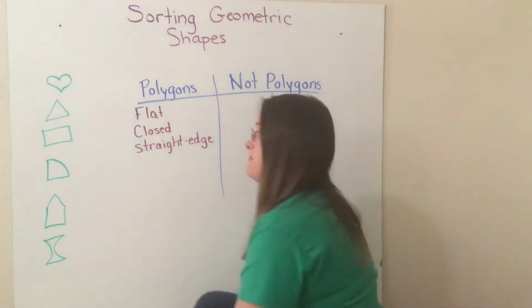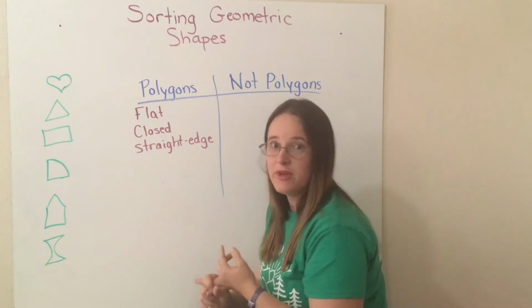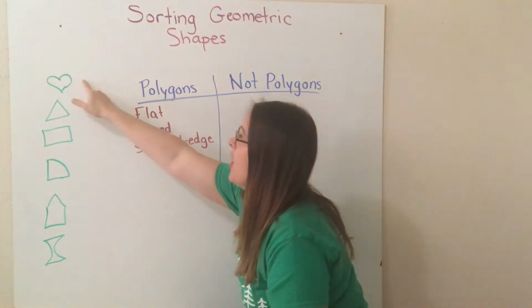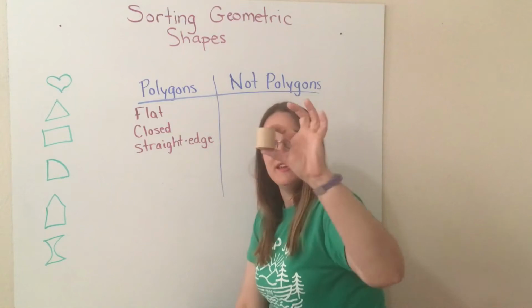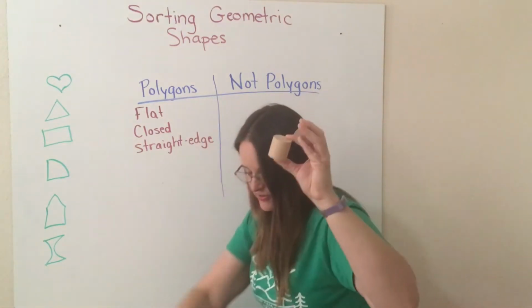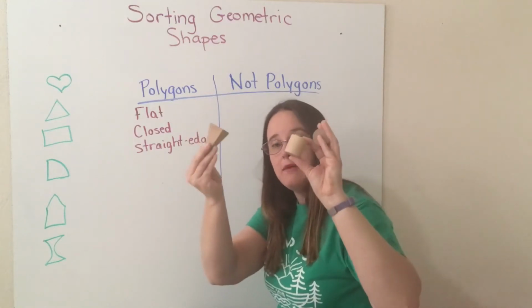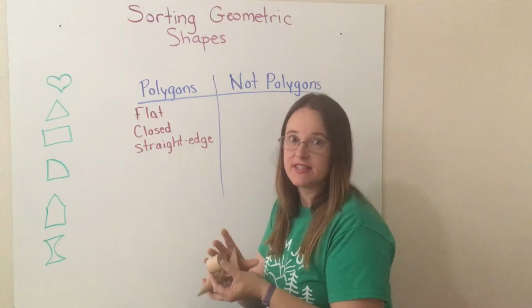What it means by flat is two dimensions. It has length and width. It does not have any height. So all of these would be flat. My geometric solids here are not flat. These are three-dimensional. They would not be polygons even if they fit the other two definitions, okay?